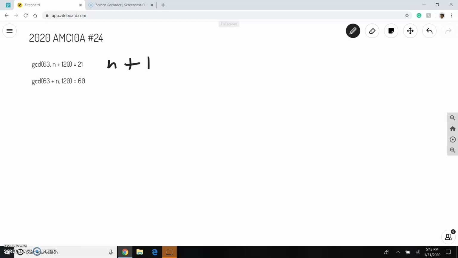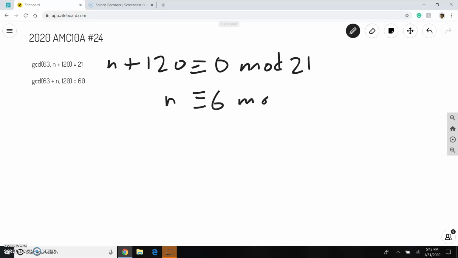n plus 120 is congruent to 0 mod 21. Now we can simplify this to n is congruent to 6 mod 21 using our basic modular arithmetic rules. Dividing 120 by 21 to get -1 and then adding 7 to both sides to get n is congruent to 6.